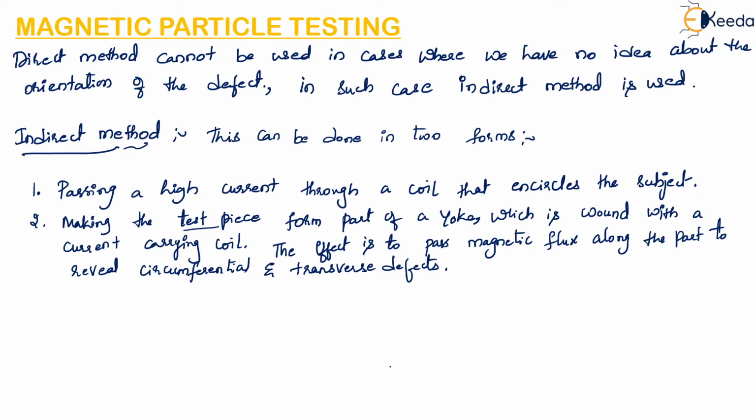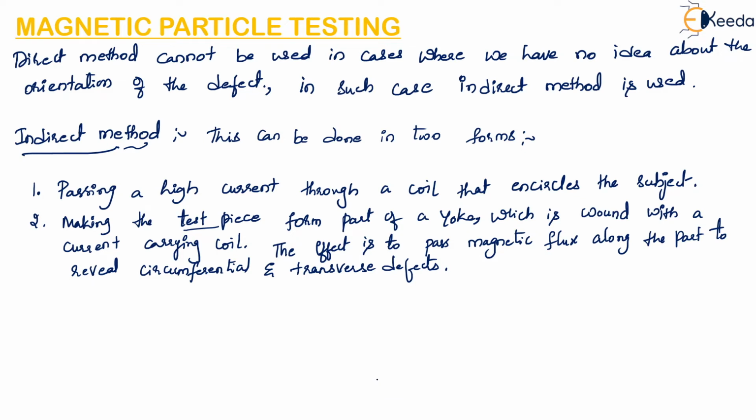So let us consider a bar whose length is greater than its diameter. Then the longitudinal defects can be detected by current flow, and transverse and circumferential defects by the indirect method of an encircling coil or magnetic flux.